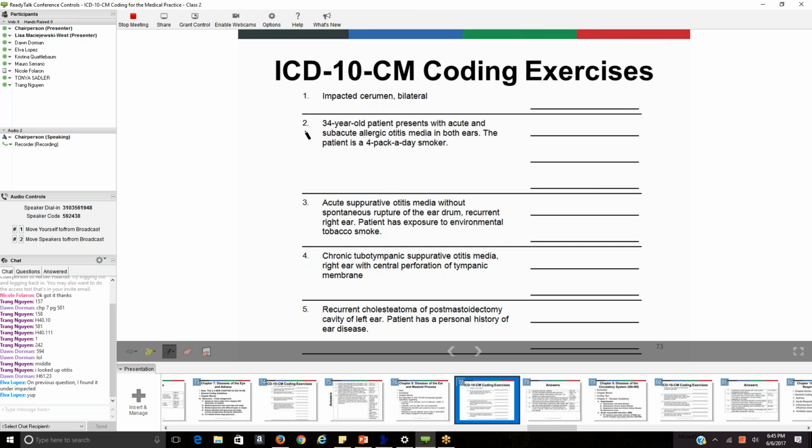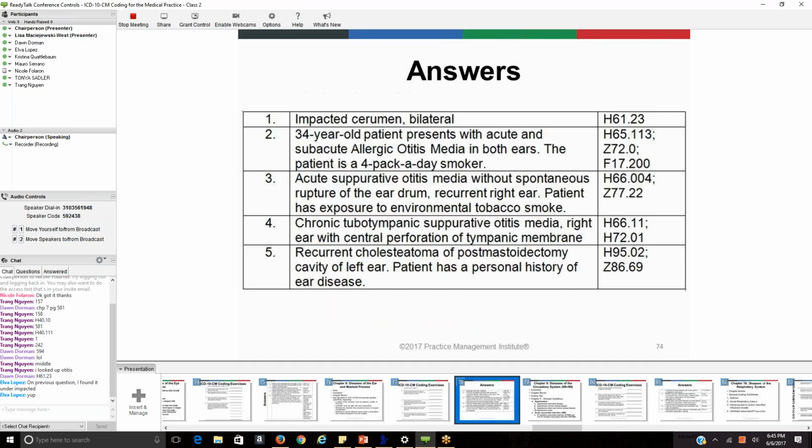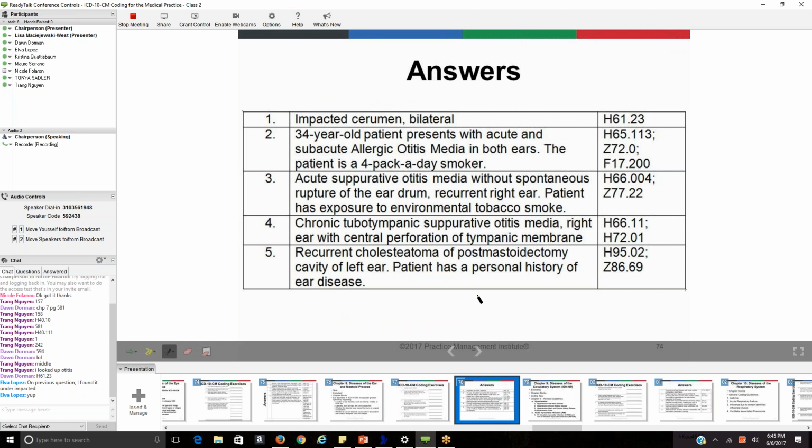So just make sure you're aware of that so that you can code a little bit more quickly, especially when you're using those Z codes for patient family history and so on and so forth. So here are your answers. I'll give you a few seconds to write them down.